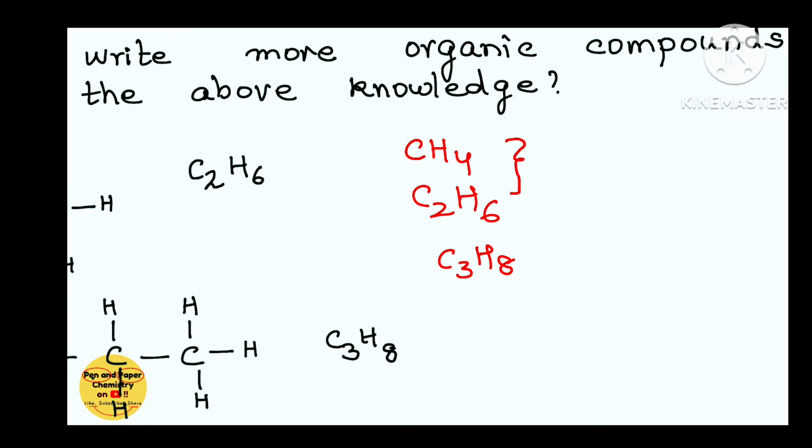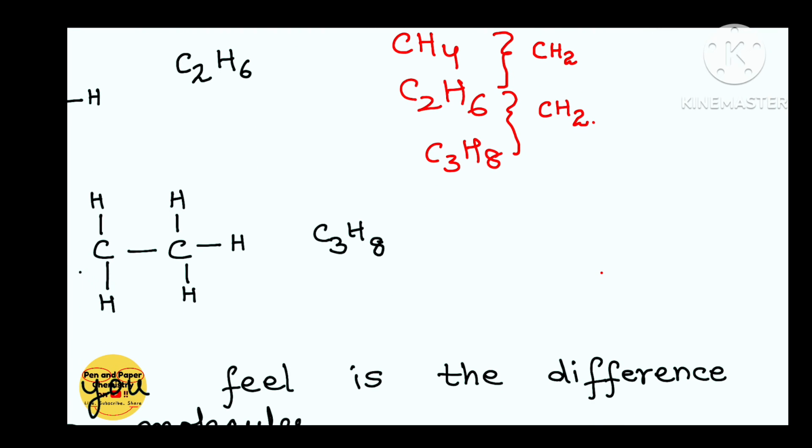Yes, there's a difference of 1 carbon and there is a difference of 2 hydrogen over here. Okay, what is the difference in the number of carbon atoms and hydrogen atoms between the second and the third compound? Okay, 1 carbon and 2 hydrogen. So can you tell me the fourth compound without drawing the structure?